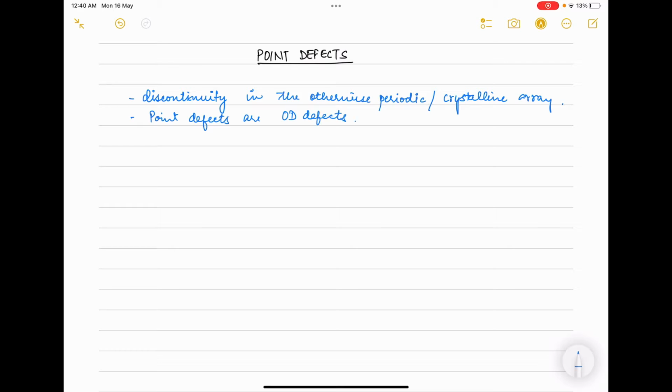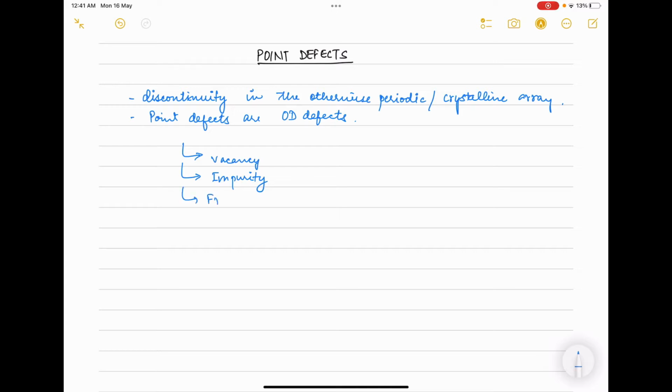And then let us see the various types. They are vacancy defects, when the atom is missing from its lattice position, impurity, some foreign atom is present within the crystal.